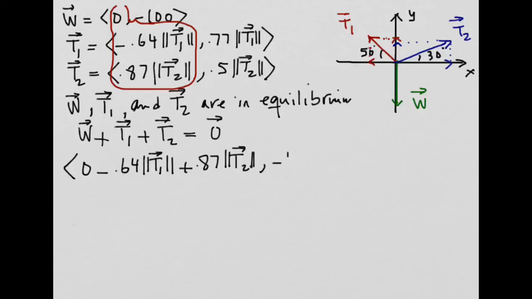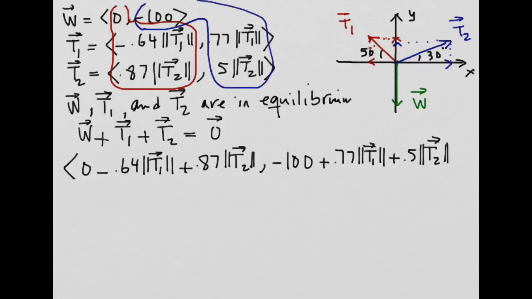We have minus 100 plus 0.77 times the magnitude of T1 plus 0.5 times the magnitude of T2. I added the second components.